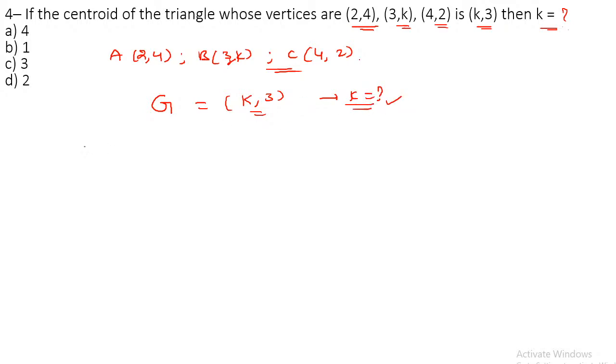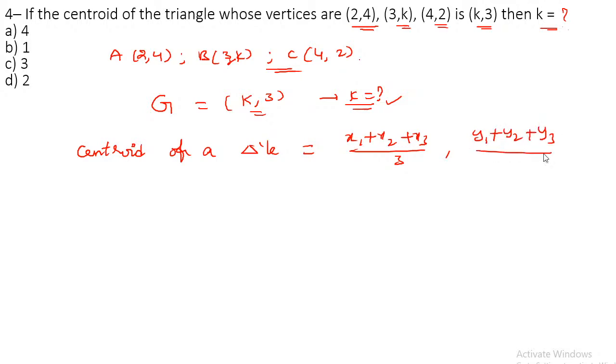So the formula for the centroid of a triangle is ((x1 plus x2 plus x3) by 3, (y1 plus y2 plus y3) by 3). Let me write x1 y1, x2 y2, x3 y3.